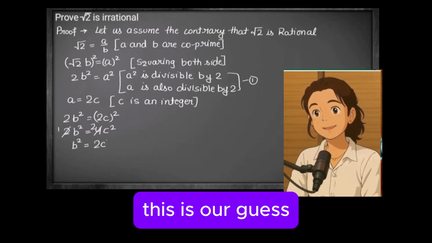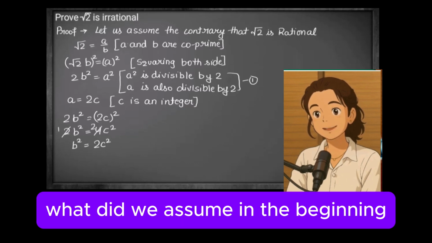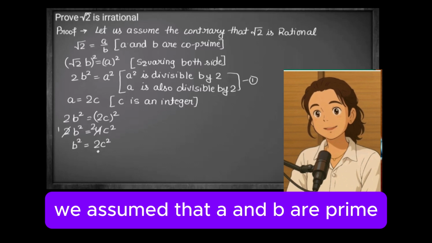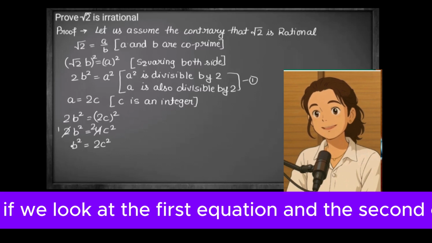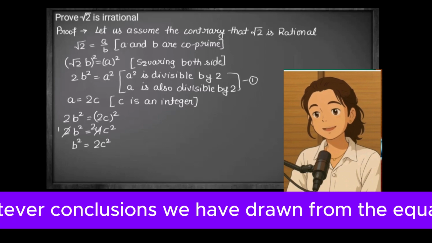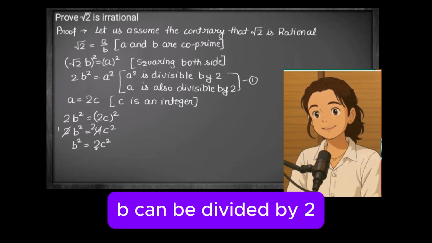This is our second conclusion. What did we assume in the beginning? In the beginning, we assumed that a and b are coprime, that is, they cannot be divided by any other number except 1. But if we look at the first equation and the second one, whatever conclusions we have drawn from the equations, a can be divided by 2 and b can be divided by 2.